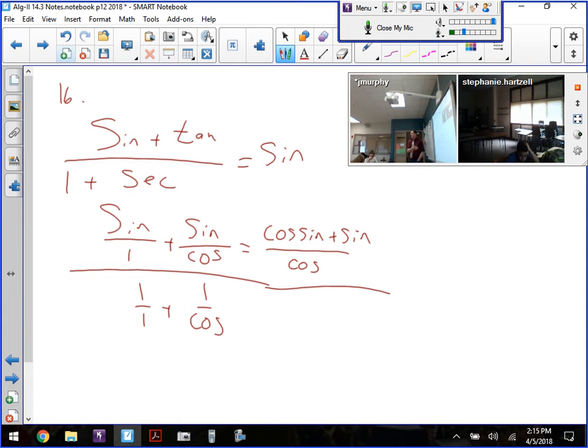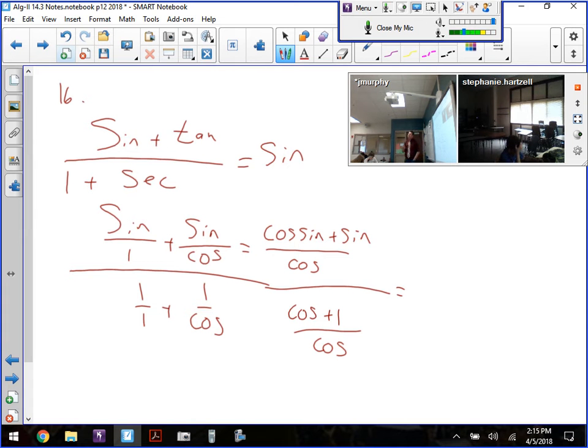Same deal on the bottom. Common denominator is just going to be cosine. Fraction on the left needs 1. Fraction on the right doesn't. I'm going to have to multiply by a reciprocal here at the end.